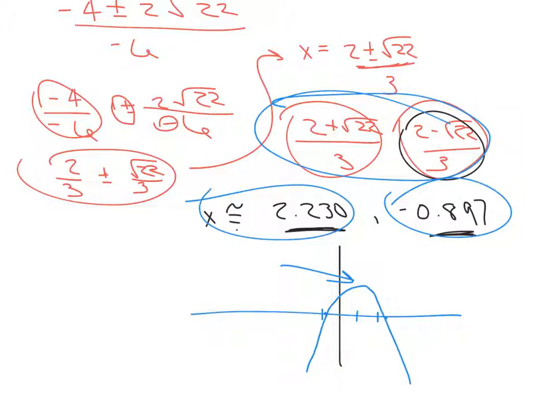Decimal approximations of irrational solutions will suffice for applied problems normally. So when you've got story problems, go ahead and change it to a decimal, because decimals are a lot easier to see in your head than something like 2 plus or minus the square root of 22 over 3.